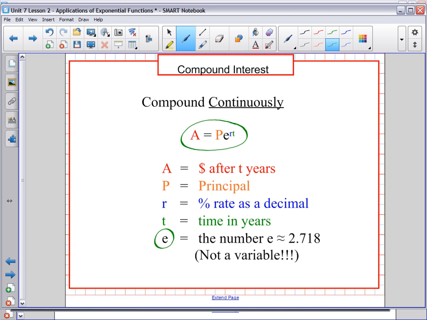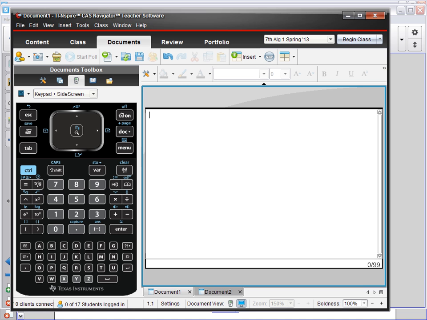So the first thing you want to do is try and locate the E button on your calculator. It will either look like the letter E, or often it looks like E to the X. It's usually pretty close to the LN button, if you can find that. So, for example, if you have a TI Inspire calculator, the E button is located kind of by where your left thumb goes.